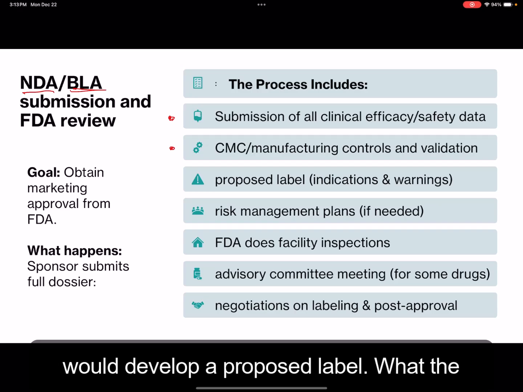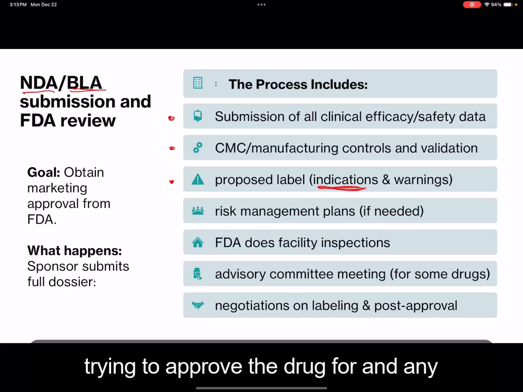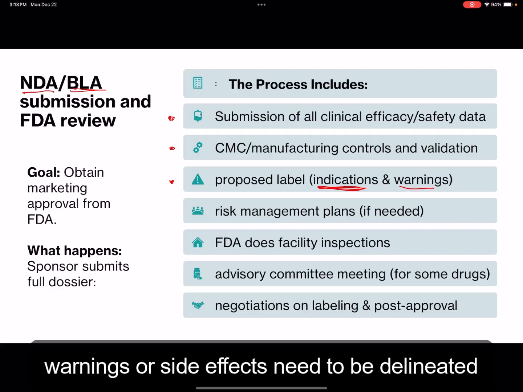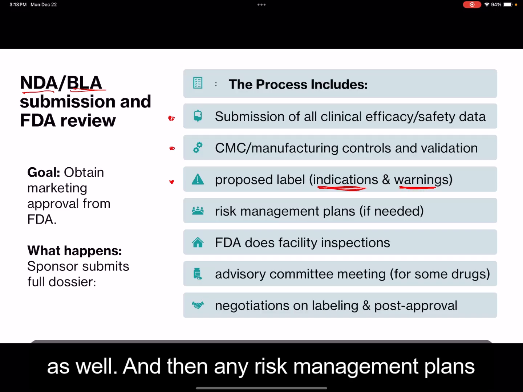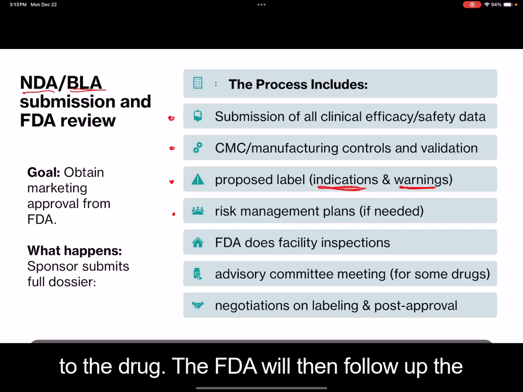They would develop a proposed label, what the indications are, what disease states they're trying to approve the drug for, and any warnings or side effects need to be delineated as well. And then any risk management plans the company is making, if needed, with regards to the drug.